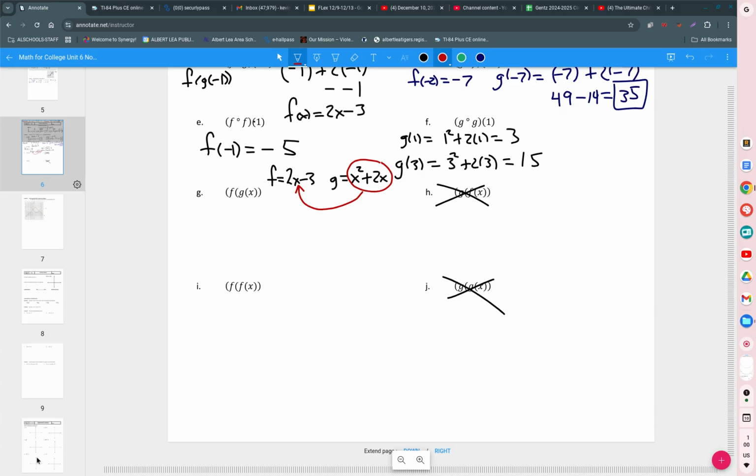See that? So I'm going to write parentheses around it. It becomes 2 times the quantity x squared plus 2x, and then I have a minus 3. Or in other words, 2x squared plus 4x minus 3. That's what f of g of x becomes.